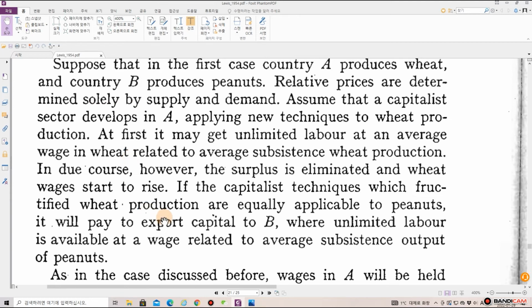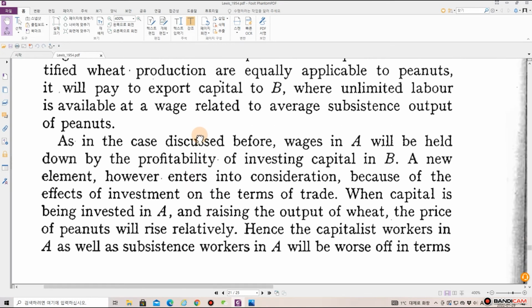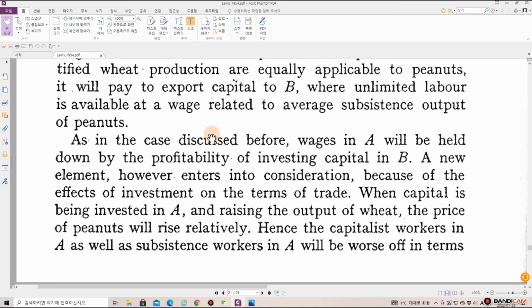In due course, however, the surplus is eliminated and wheat wages start to rise. If the capitalist techniques which fructified wheat production are equally applicable to peanuts, it will pay to export capital to B, where unlimited labor is available at a wage related to average subsistence output of peanuts.